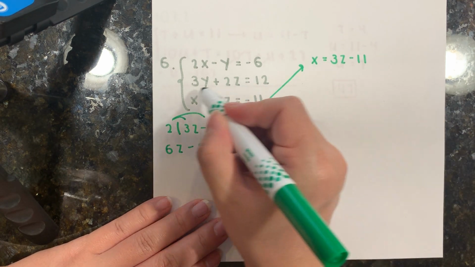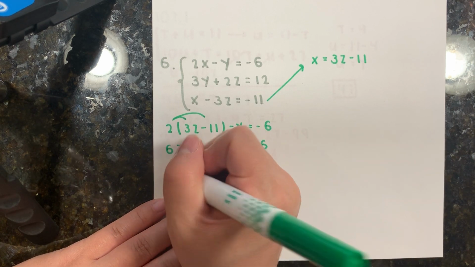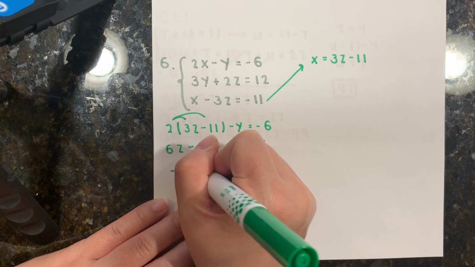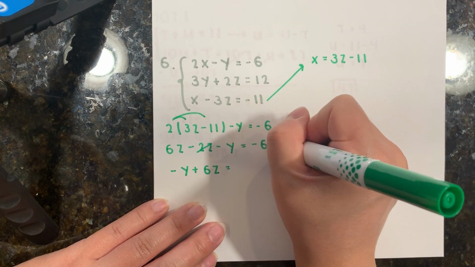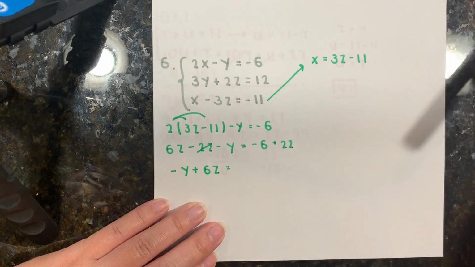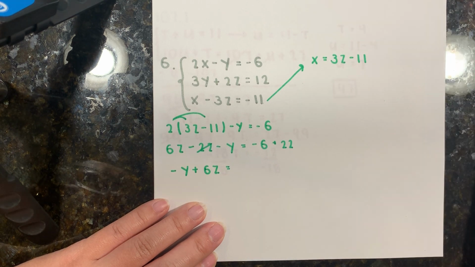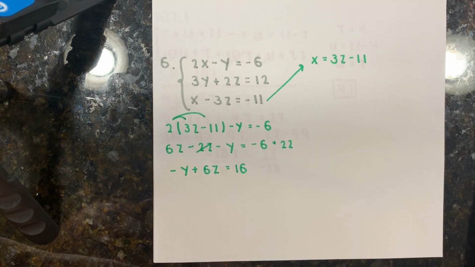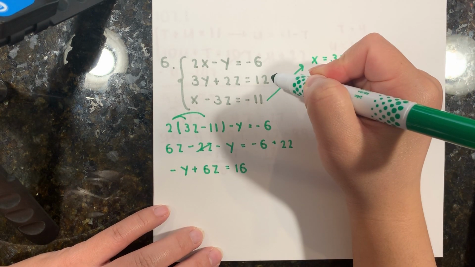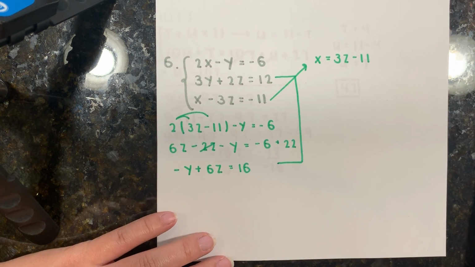I want to arrange it so that it's in the same format as that middle equation. So I'm going to move the y out in front and then do plus 6z equals, I move the 22 to the outside, which gives me 16. And now what I want to do is look at this equation here and this equation here and do elimination.